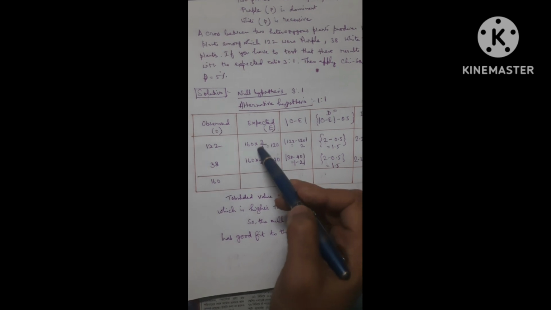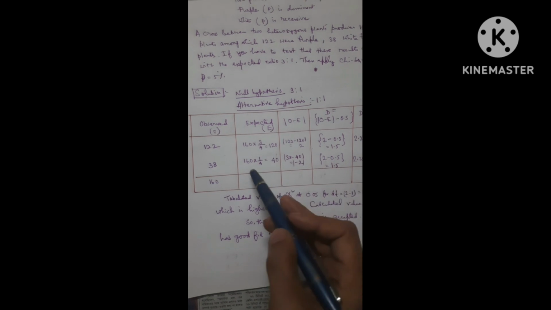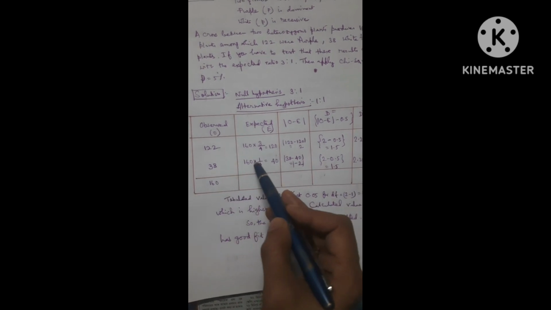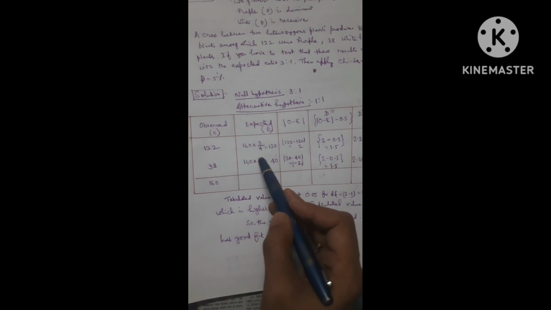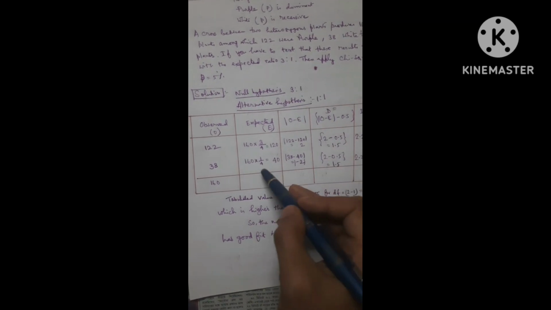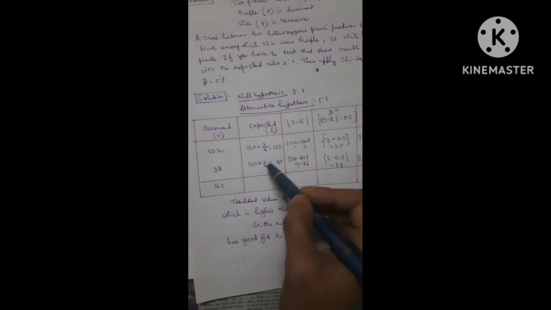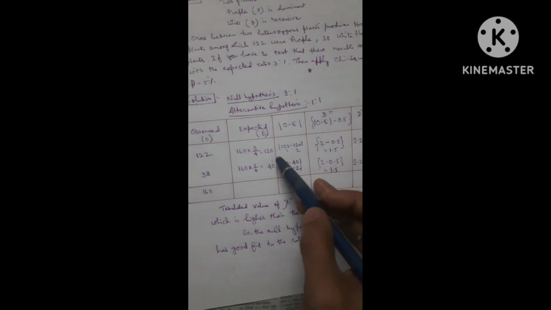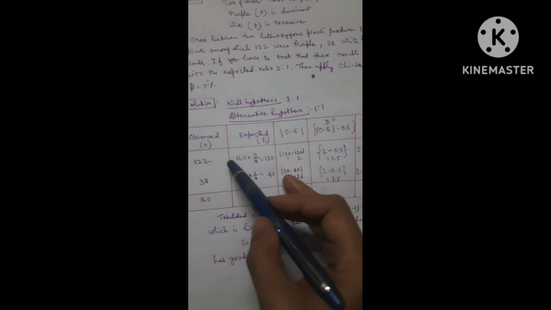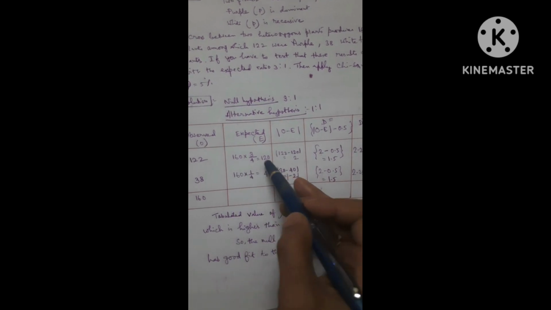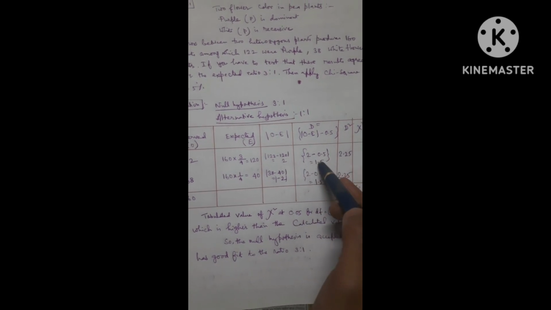You get 120 by calculating this. And for the other expected value, 160 into 1 by 4, where 4 is 3 plus 1, you get 40. Now come to this column: O minus E equals 122 minus 120 equals 2. 2 minus 0.5 is 1.5.